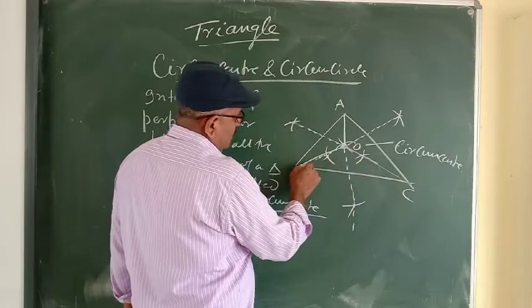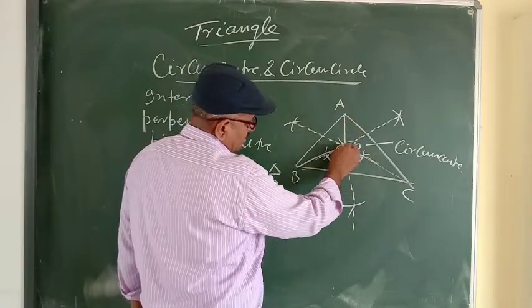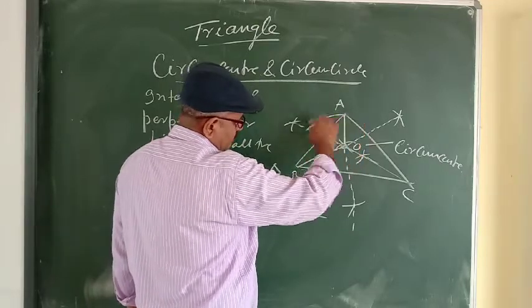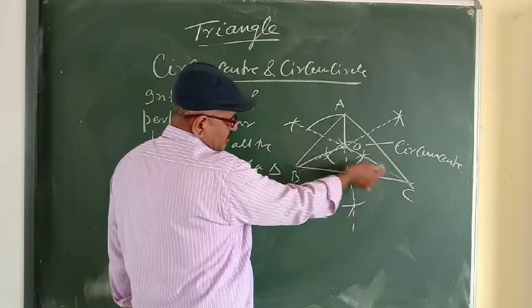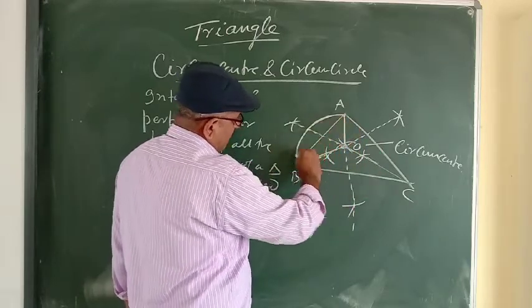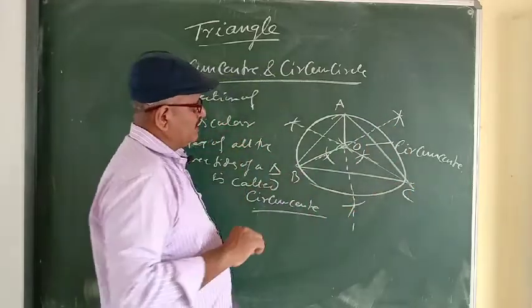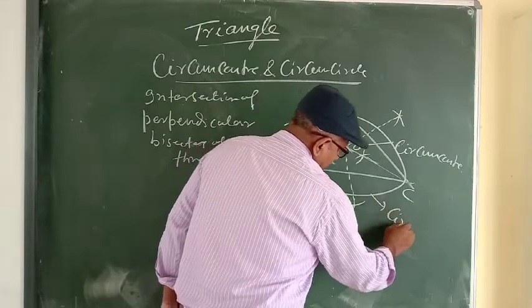So taking O as center and OB as radius or OA as radius, we will draw a circle. Or you can take OC as radius. We will draw a circle which will pass through these three vertices. So this circle is called circumcircle.